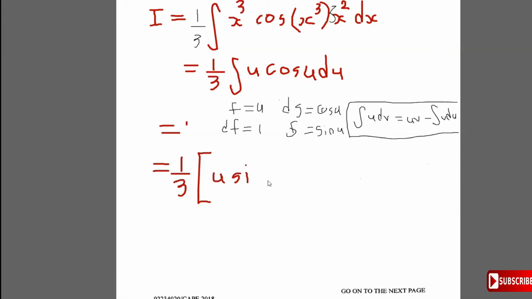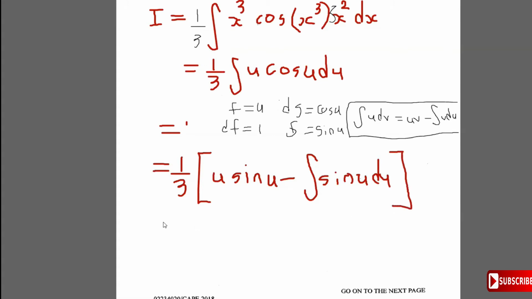So it's 1 over 3 u sine u minus the integral of, this is now v du, in this case it is now s df, which is now the integral of sine u du. And I close up that bracket.